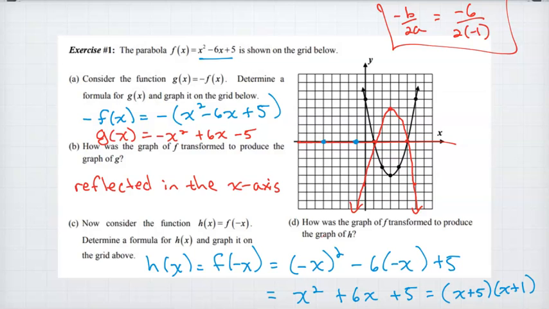And if this looks crazy to you, feel free to use a graphing calculator to do this. My y-intercept is up here at positive 5. I can mirror that over here. And then my vertex will be down here. So I have a new parabola right there.